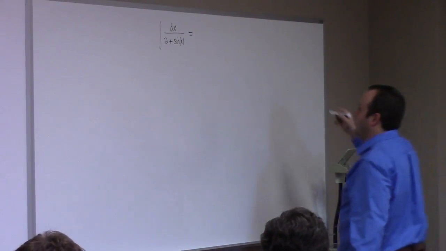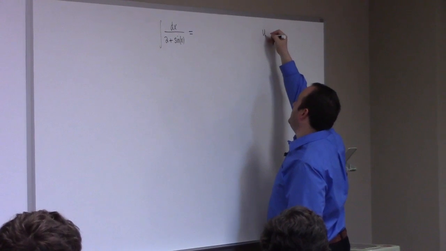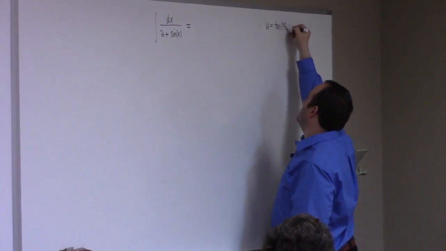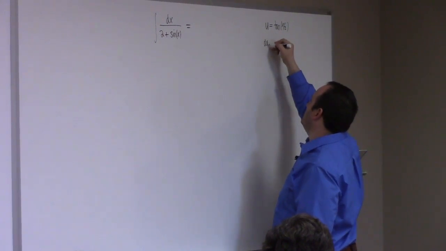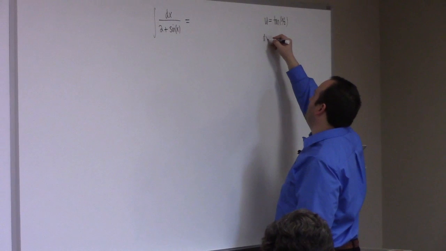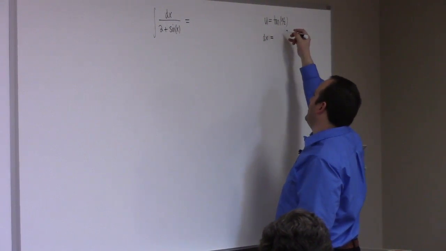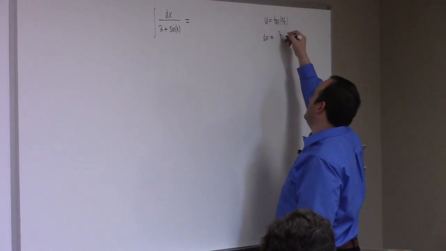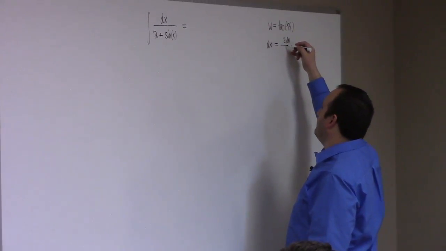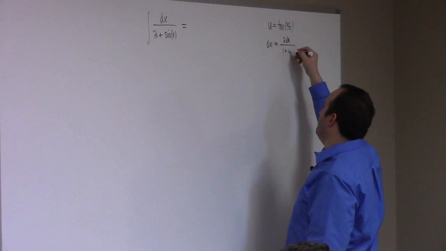So we must remember, what were the takeaway points from the Weierstrass substitution? u is equal to the tangent of x over 2. du was equal to what? Well, dx was equal to what? Can you guys remind me? 2 du over 1 plus u squared?